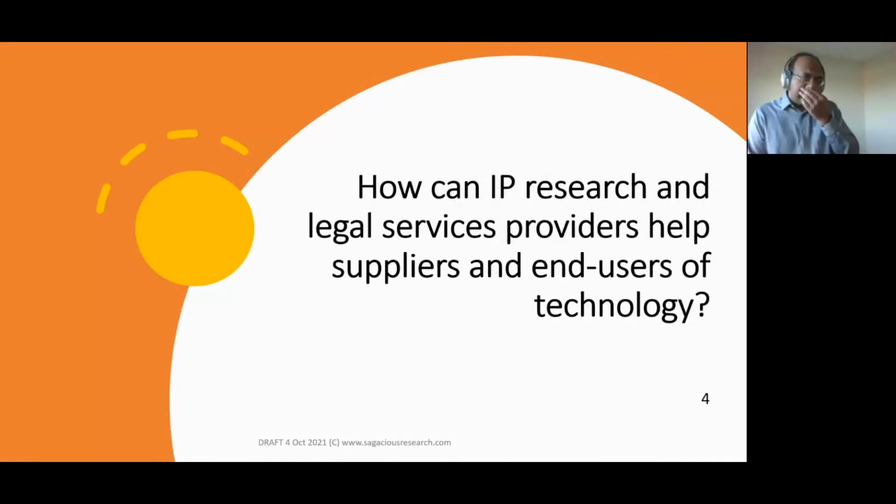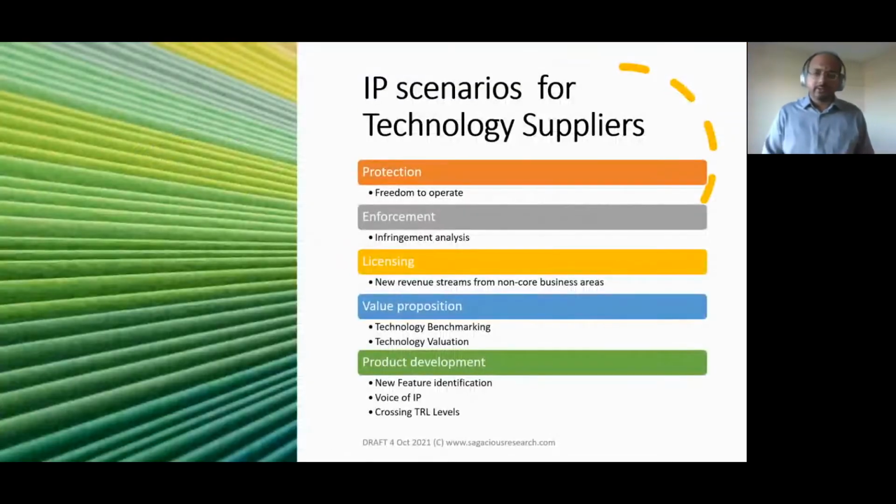Now, how can IP research and legal service providers help suppliers and end users of technology? I'm not going to go into a specific supplier or how we help, but I'm going to look at certain scenarios for which a technology supplier might need help, and that's where players like IP research firms or legal service providers may come in.